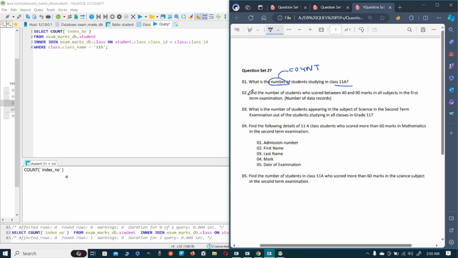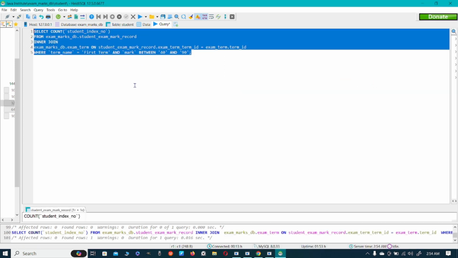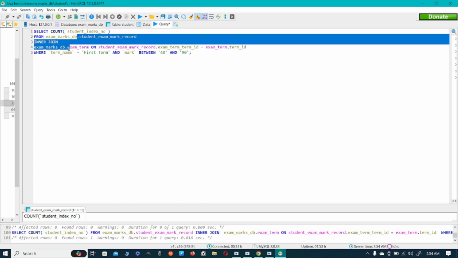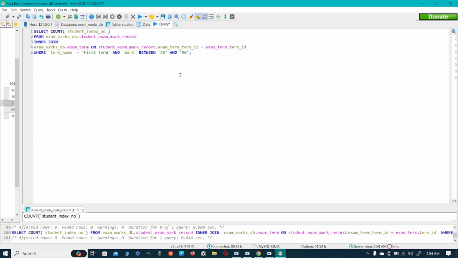So the second question: find the number of students who scored between 40 and 90 marks in all subjects in the first term examination. So once again we have used the count function. Then we have used the student exam mark record table and the exam term table. This will be our second query. We have inner joined the student exam mark record table with the exam term table, so we can fill all marks in the first term.